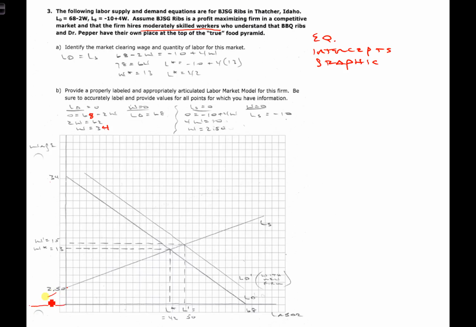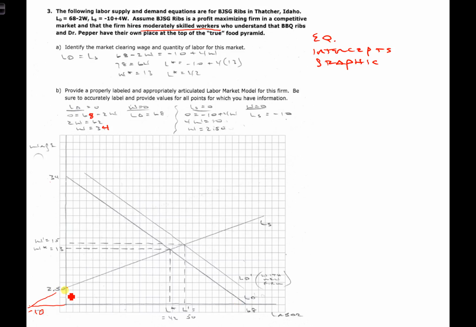I could carry that labor supply curve out, and it would have intersected here at negative 10. When W is equal to 0, negative 10 plus 4 times 0 is still just negative 10. So we now have a point for the labor demand curve, both on the Y and the X-axis.